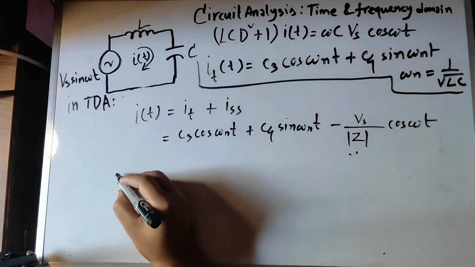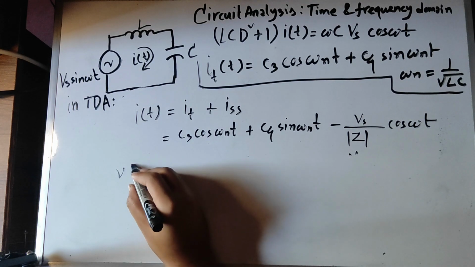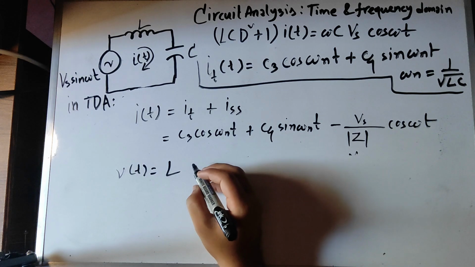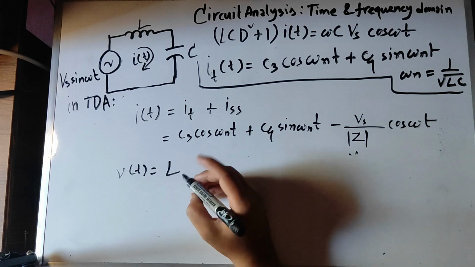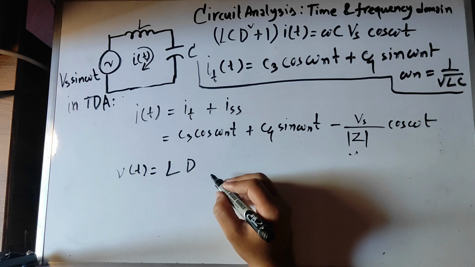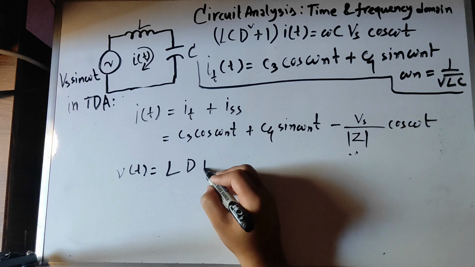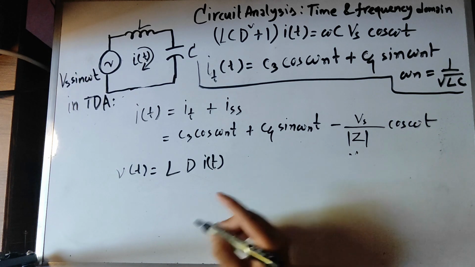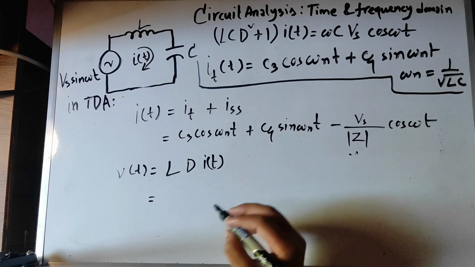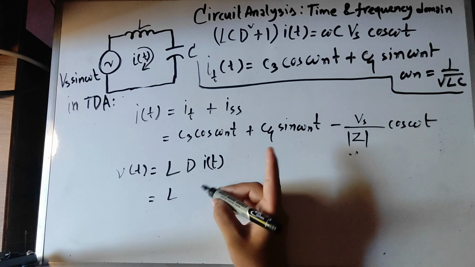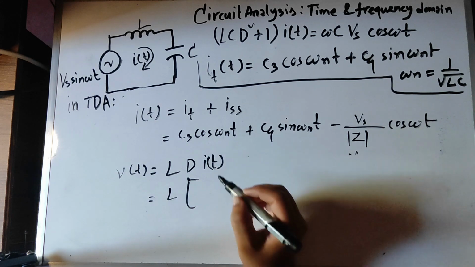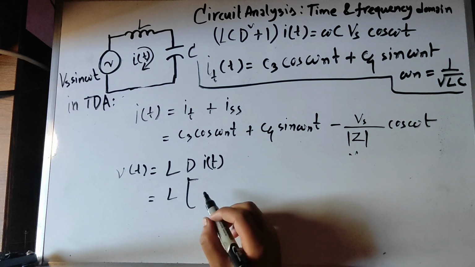So we know that voltage is across the inductor, or you can also take the capacitor. So I'm taking the voltage across the inductor. So this is the relation between voltage and current. So L and differentiation, d means differentiation, the differential operator.